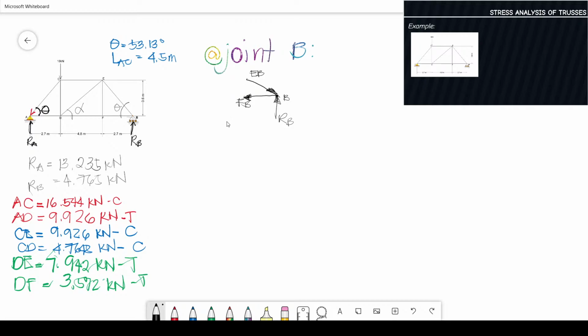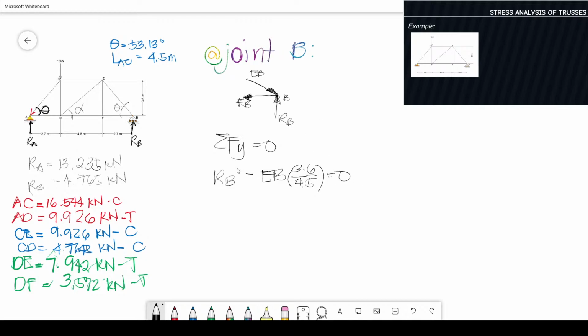So EB. So let's proceed with summation F of Y. Since again, ang aton may value is RB. That is RB minus EB sine theta, or in my case, I will be using sine that is 3.6 and 4.8. Tama ba? Ay, 4.5. That is 4.5. Okay?